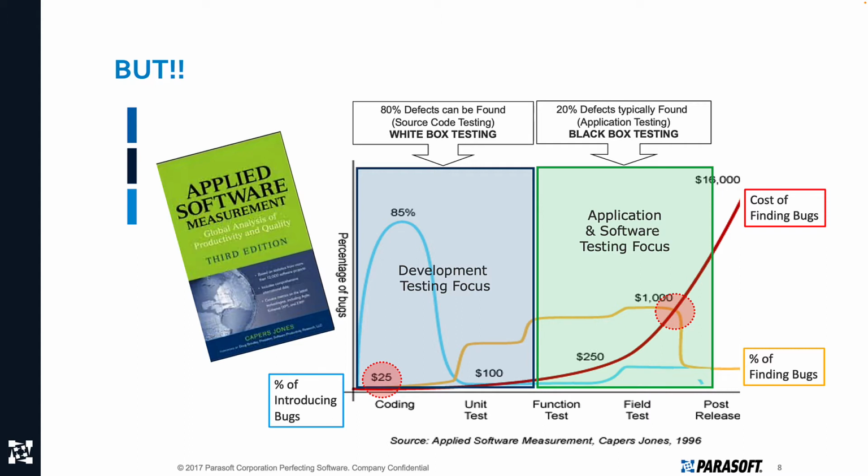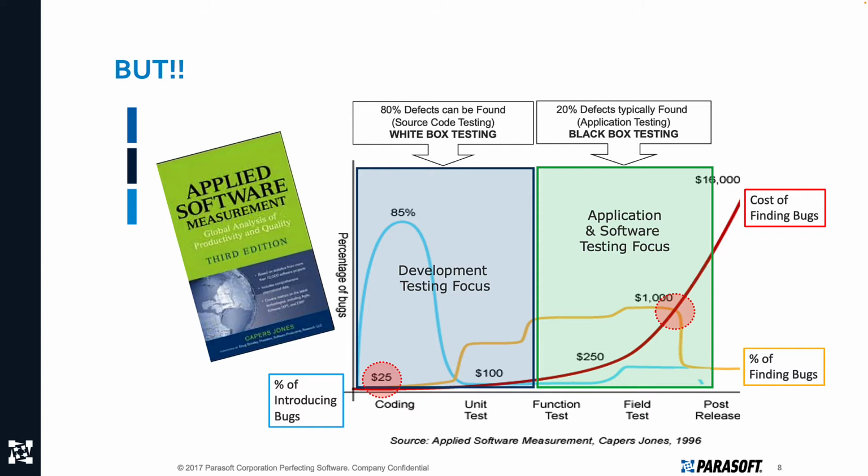And the cost of finding bugs increases if we focus a lot on black box testing. We spend more time for black box testing, but we get fewer bugs and spend more money than in development testing.